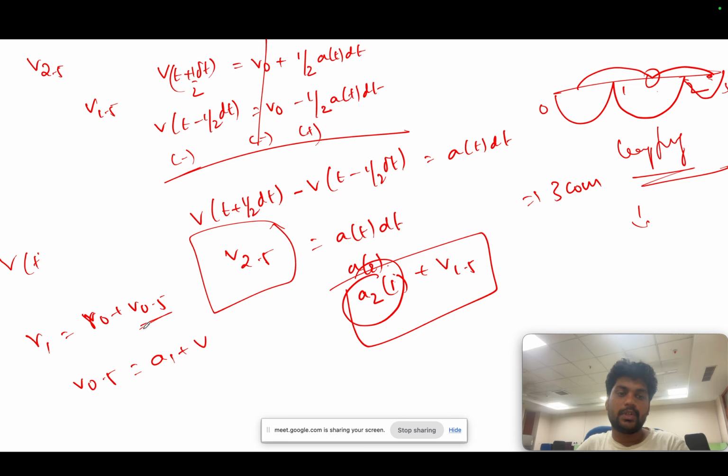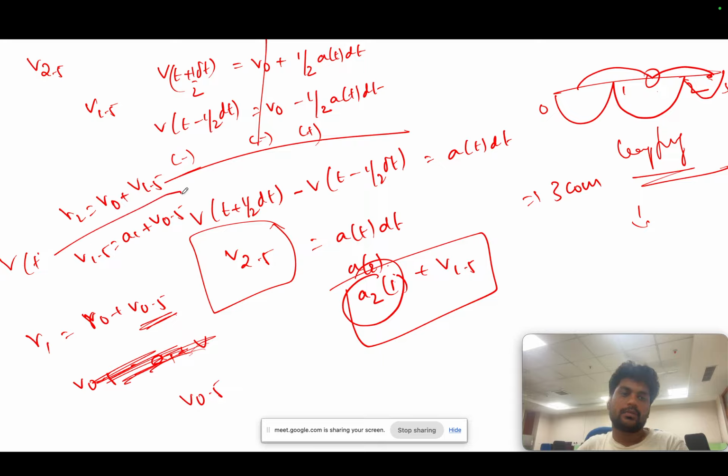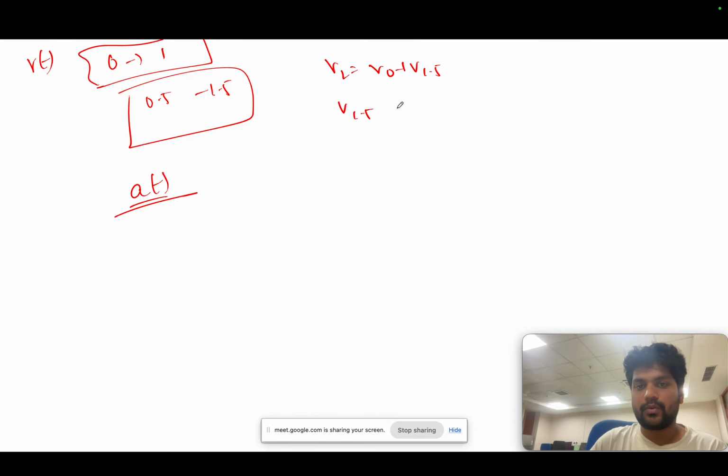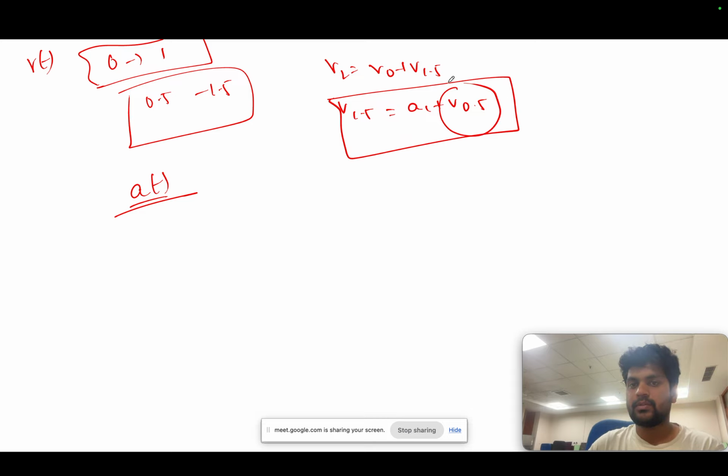Now we have v0.5. If you want to go for r2, it will be r0 plus v1.5, and v1.5 is given by a1 plus v0.5. I will write it here. So r2 you will get from r0 and v1.5, and to get v1.5 we need a1 plus v0.5. Okay, so now we know this value.